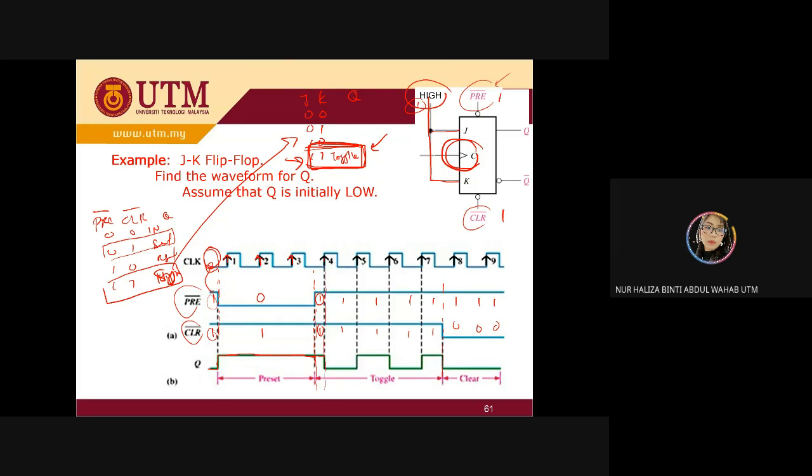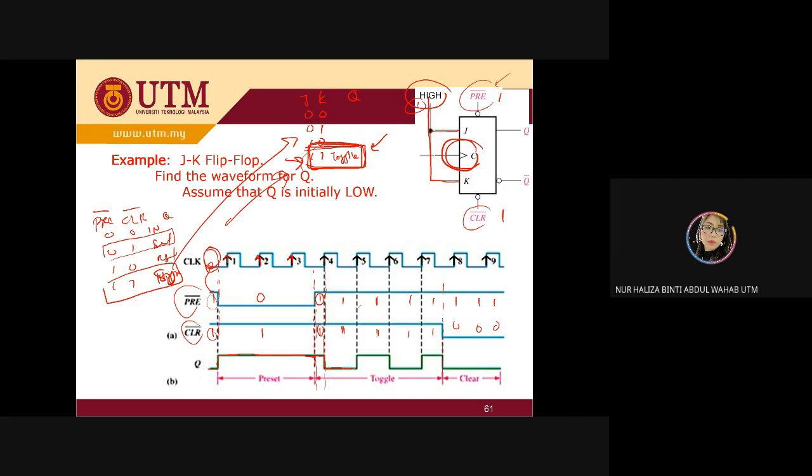At this clock, now I have 1, 1 again for pre and clear, and it is going to toggle until I meet a change at my pre and clear. Okay, my pre and clear is 1, 1, which means I need to refer to the JK flip-flop.